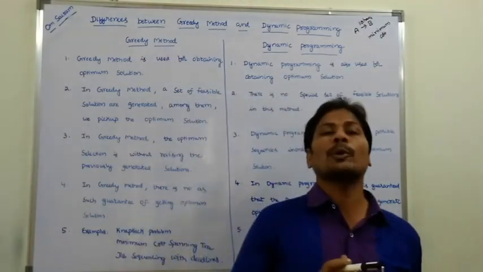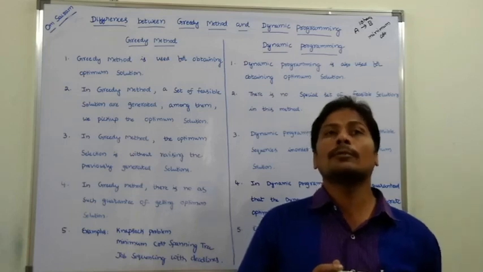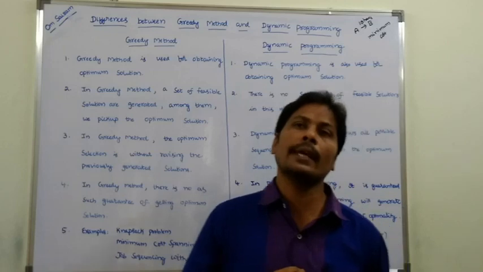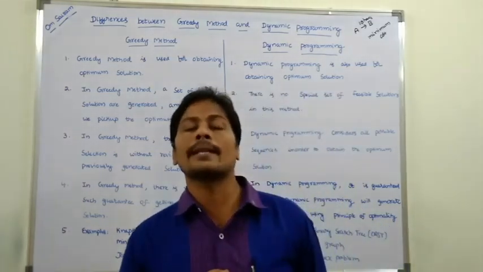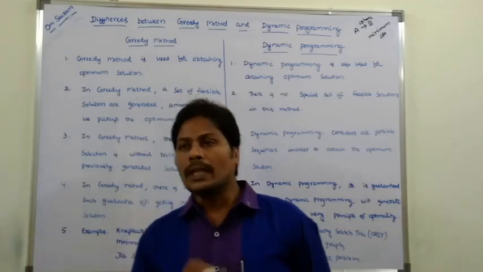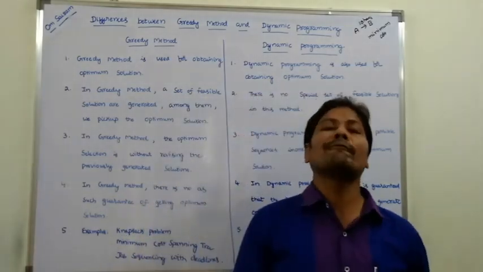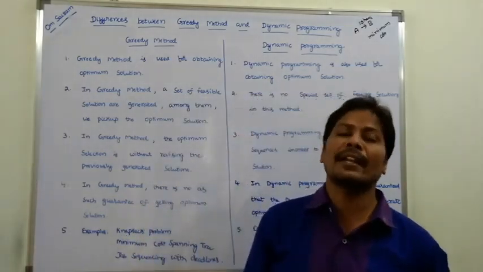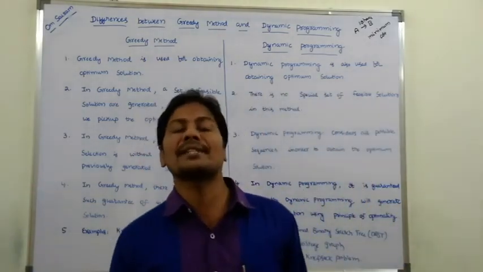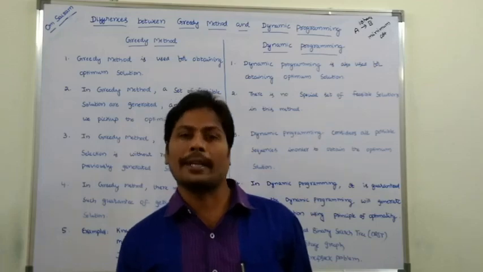In dynamic programming, we consider all possible sequences for getting the optimal solutions. In the greedy method, only one decision sequence is generated, but in dynamic programming, many decision sequences are generated.